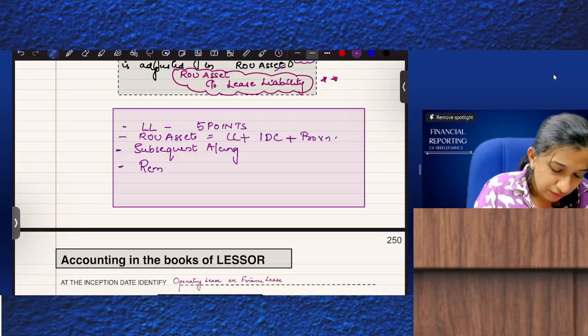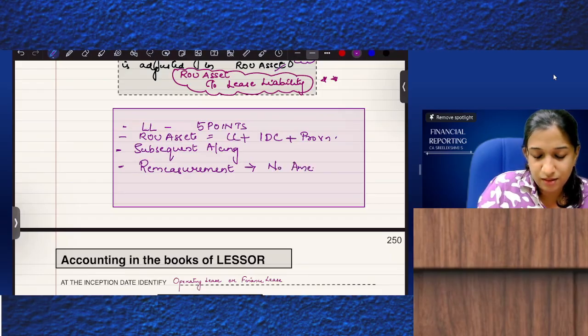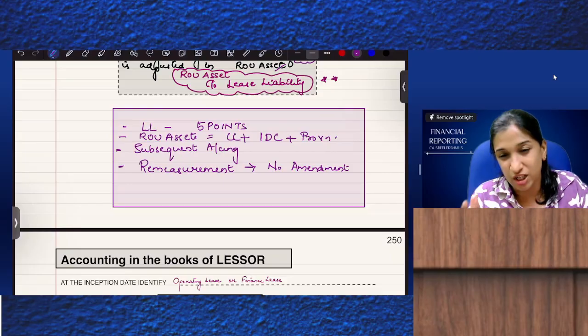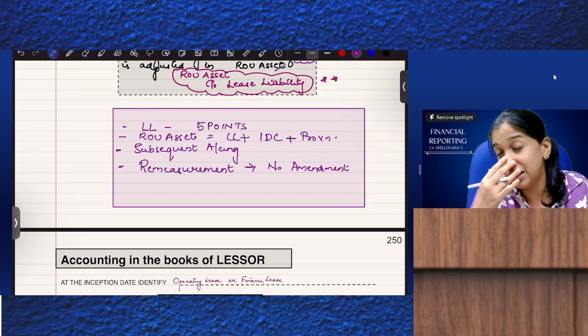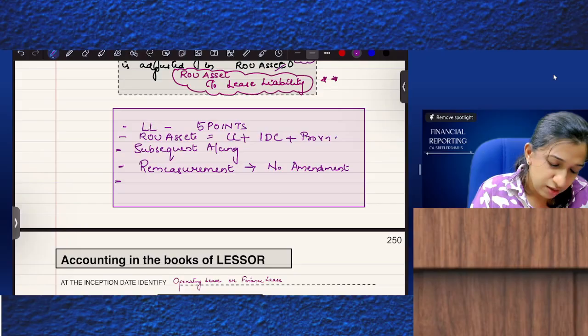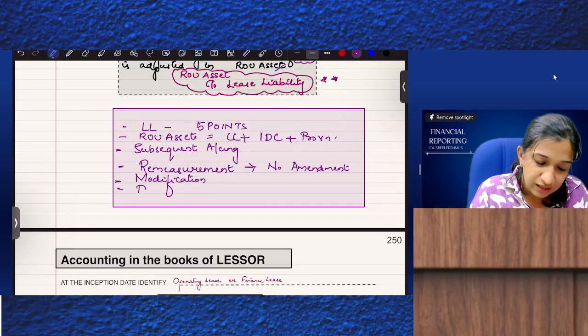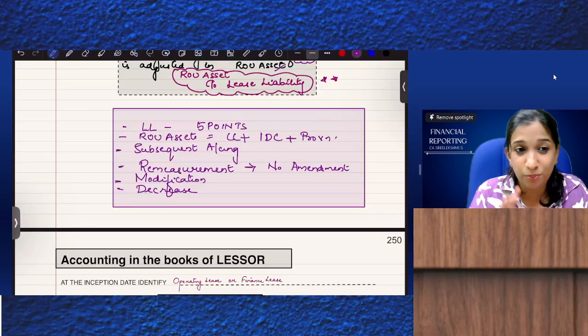What if there is remeasurement? If there is remeasurement, there is no amendment. Remeasurement: I remember, if payment changed or GRV changed, original EIR. If payment has not changed but the term or purchase option has changed, revised rate. Then there is modification; there also we go for revised rate. But in modification, if there is a decrease, proportionate decline, and gain or loss will be transferred to P&L.